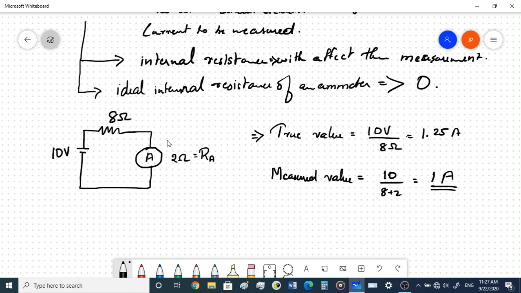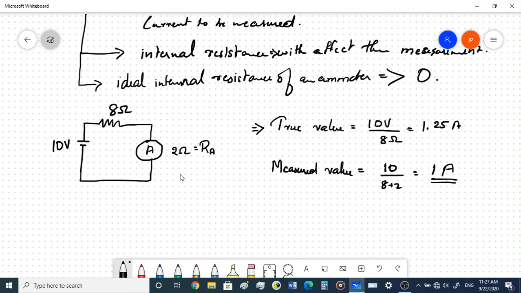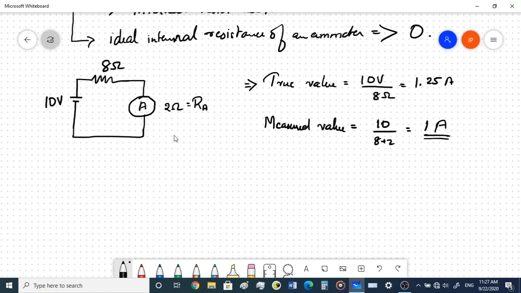Now we are going to find the error in this case. The absolute error would come out as 1.25 minus 1, that is 0.25 amperes.